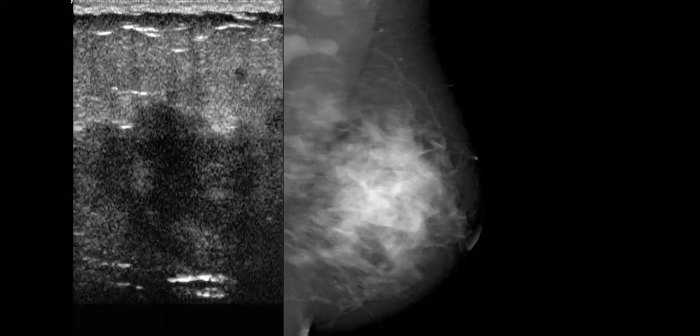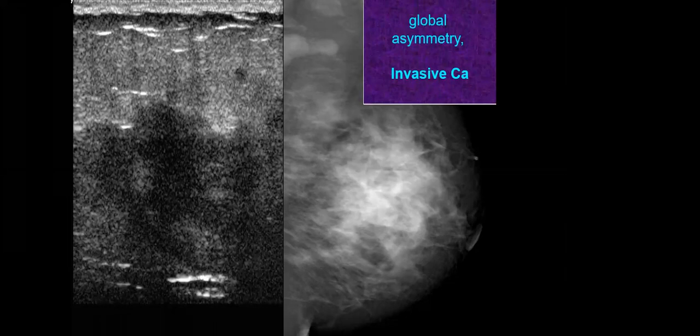Okay, this is the ultrasound. It shows an ill-defined lesion demonstrating suspicious findings, and it was invasive cancer.